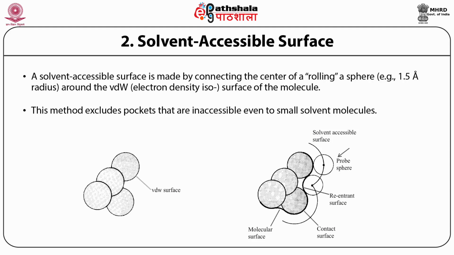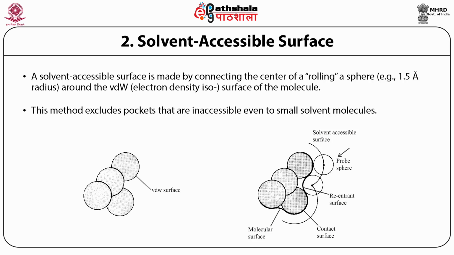As you see, there will be a molecular surface, which is a van der Waals surface, and the large open sphere depicts the solvent accessible surface. As you see, there would be some space left, which is called the re-entrant surface.